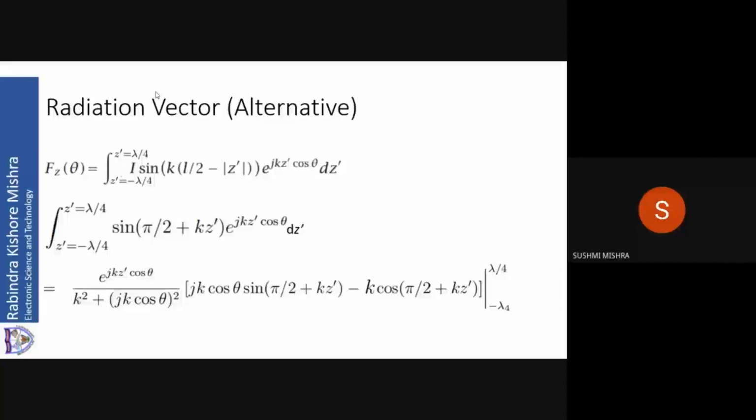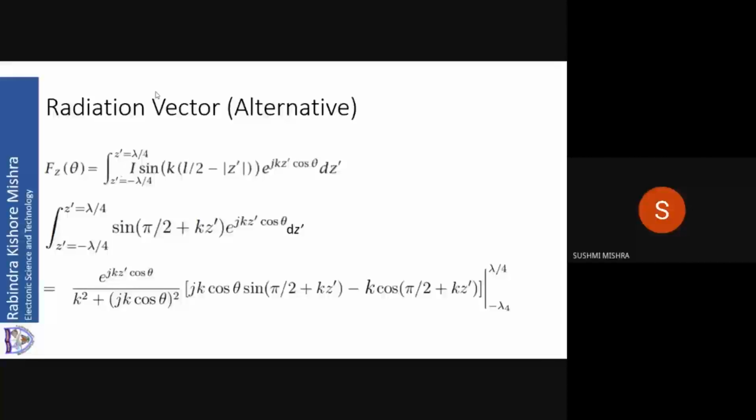So what is left is integration from z dash is equal to minus lambda by 4 to lambda by 4 of sine of pi by 2, because kL by 2, and for L we are putting lambda by 4. Once we do that, this becomes pi by 2. So sine of pi by 2 plus kz dash, because we are using mod of z dash, so that we can replace as plus kz dash, e to the power jkz dash cos theta dz dash.